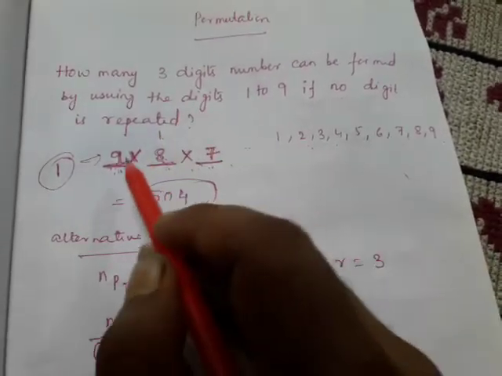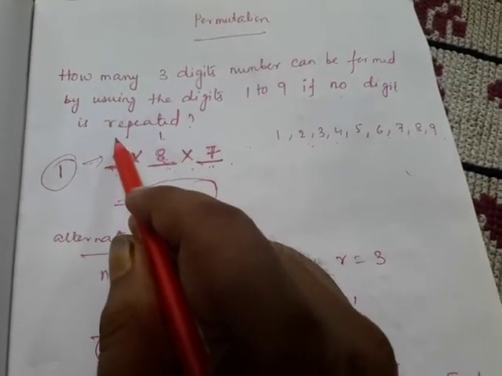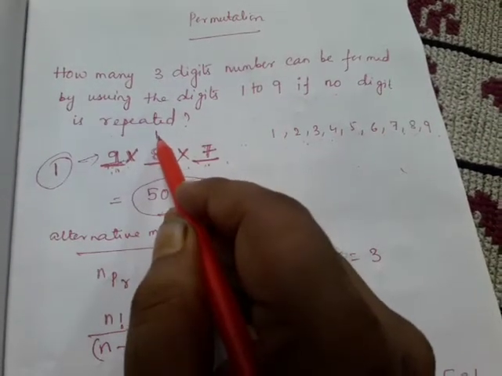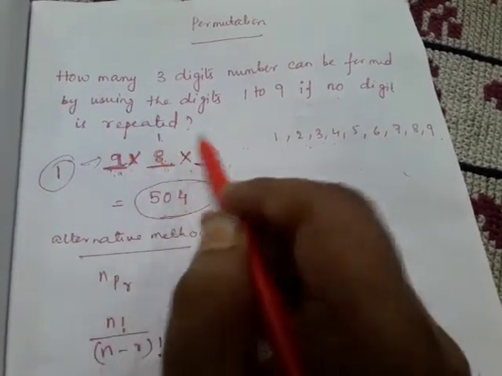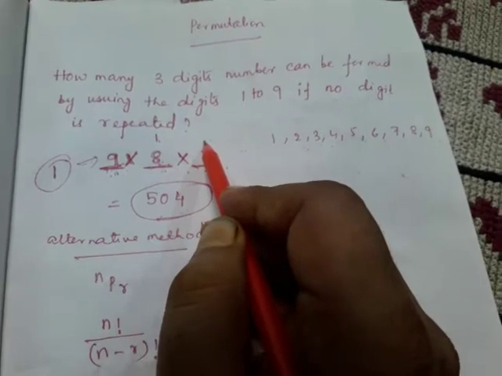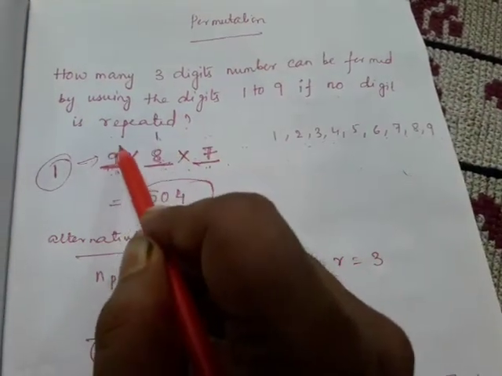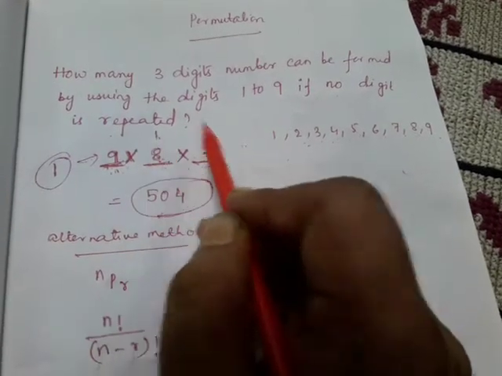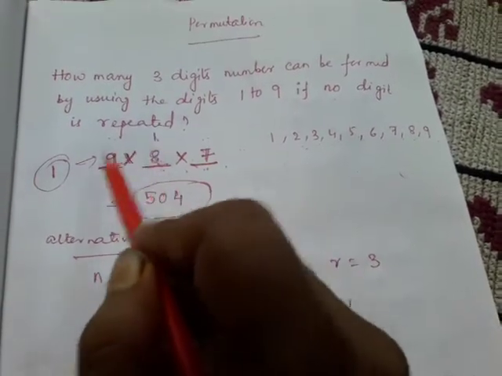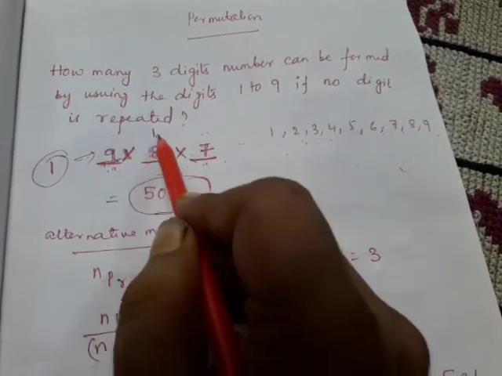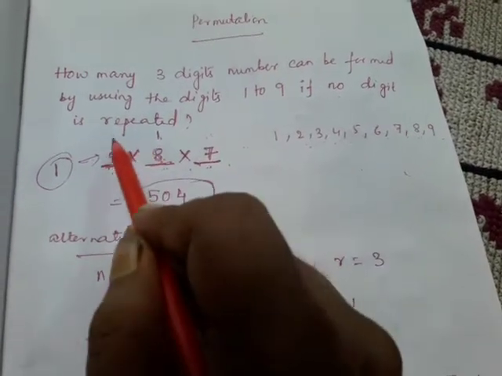Why? Because suppose you are choosing here 1, then 2 and then 3, so 123 is one 3 digit number. Now for example you choose 2, then 1, then 3. So you are changing the order. First you have chosen 1 2 3, just an example. Next you are choosing 2 1 3.